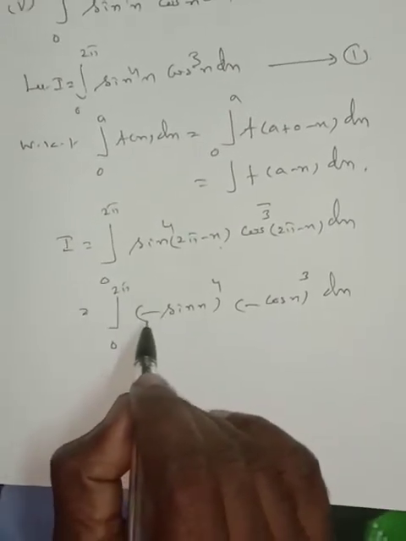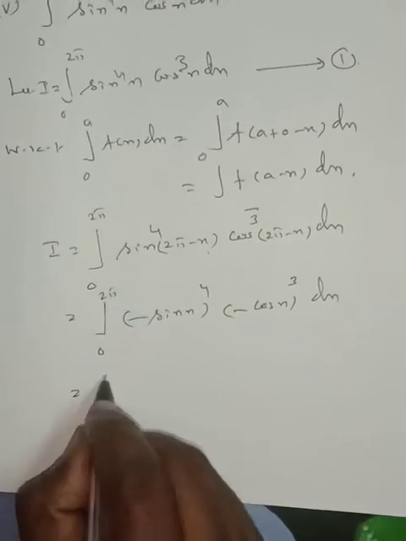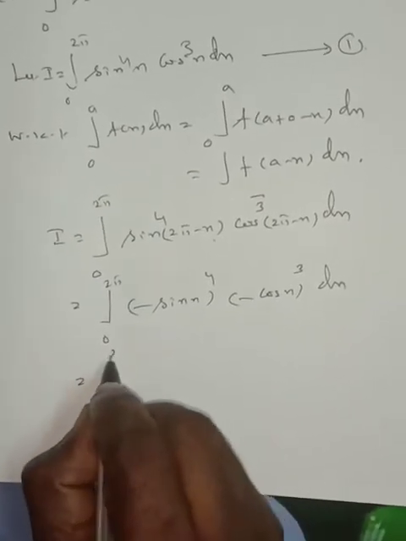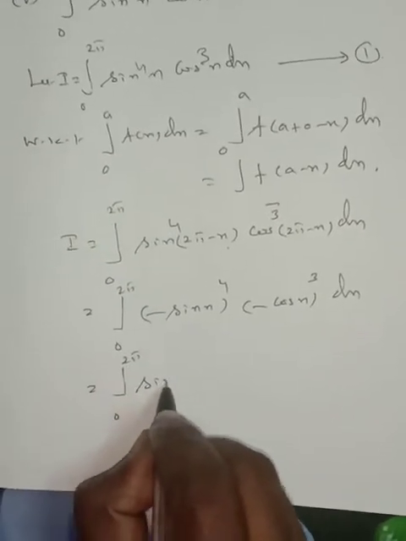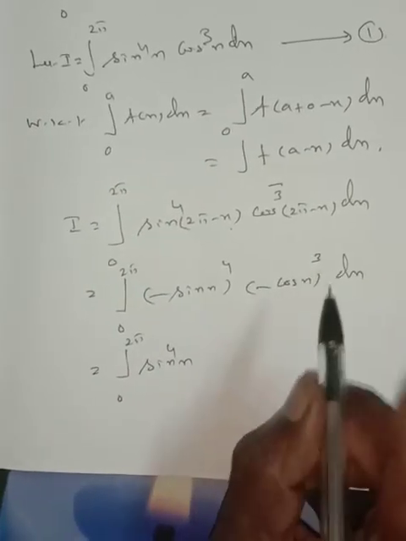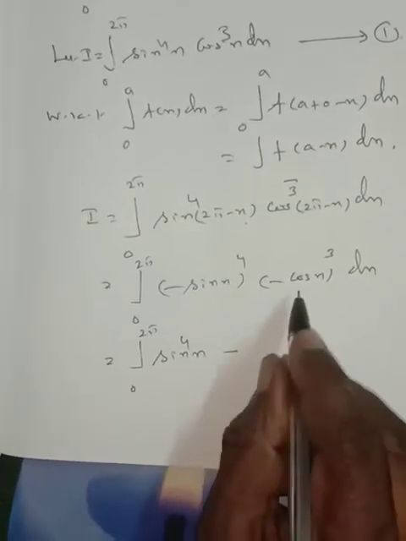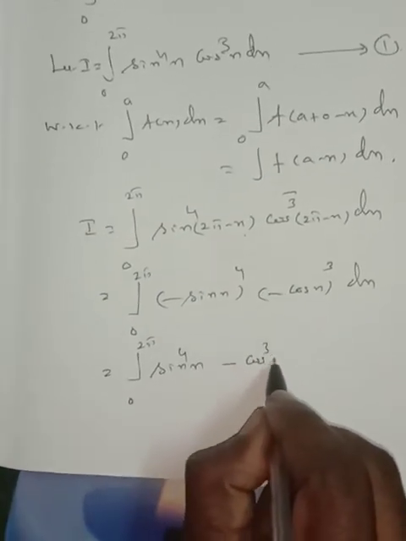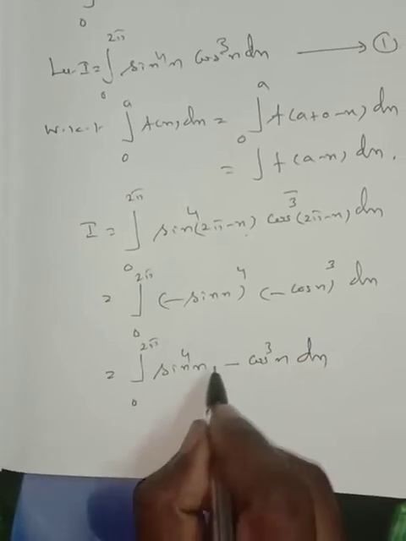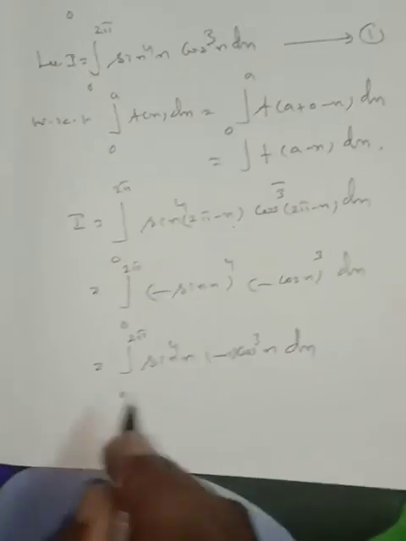Now minus 1 whole to the power of 4 is positive 1. Therefore, integral 0 to 2 pi sin power 4x, minus 1 whole to the power of 3 is minus 1. Therefore, minus cos cube x into dx. This is minus 1, a constant number outside the integral.